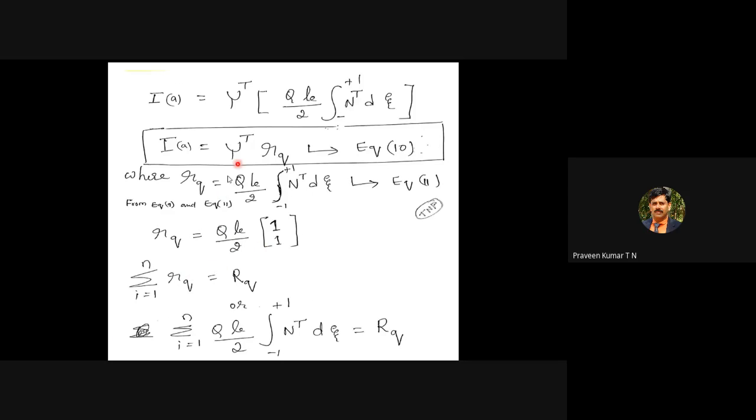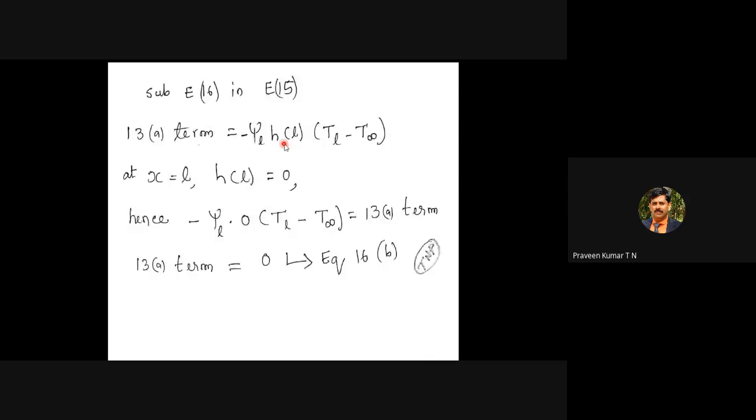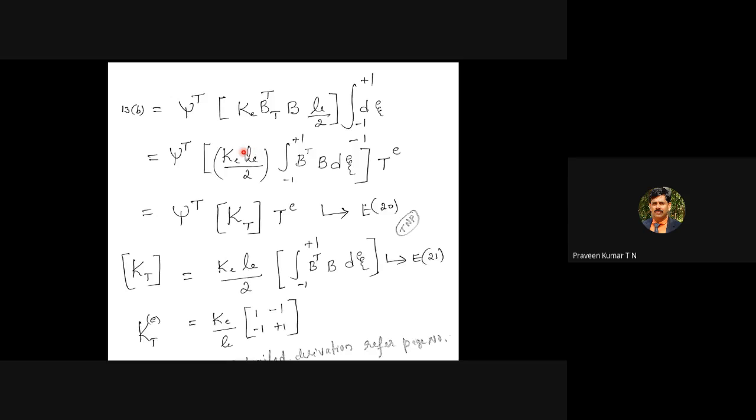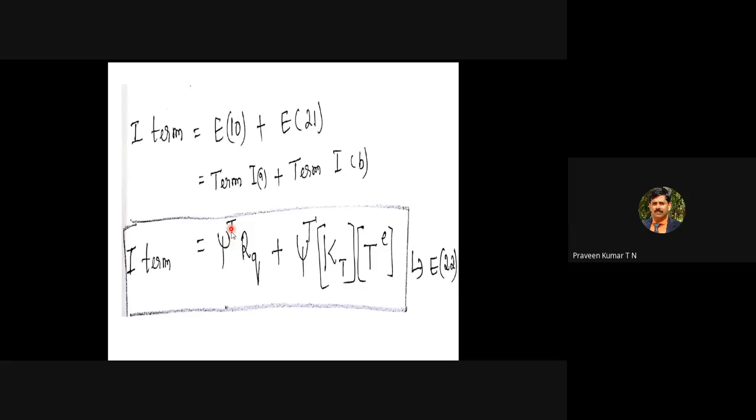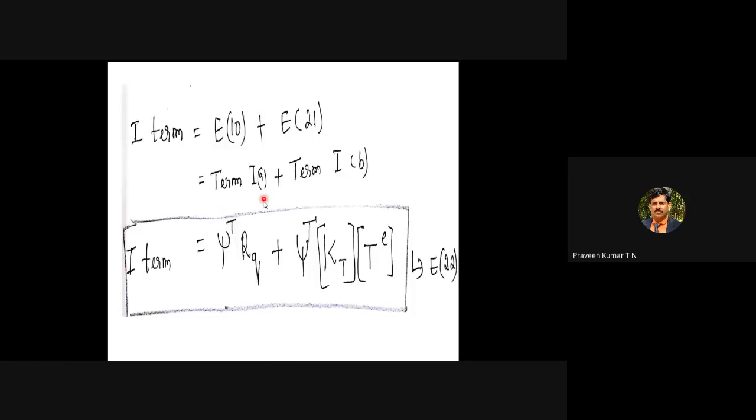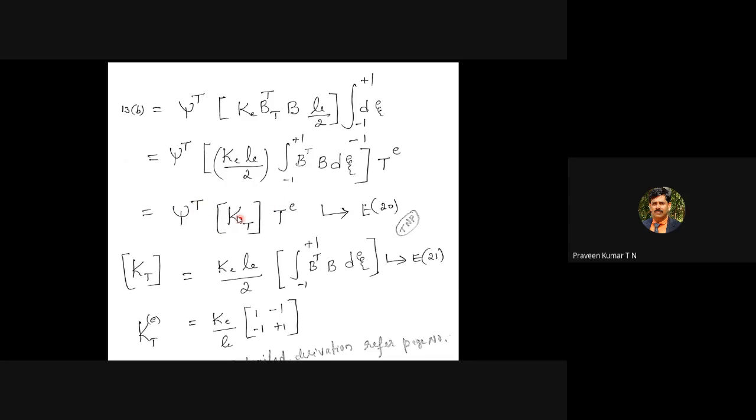This term, 1A in equation number 10, is xi transpose into R cube. Once you take the integration, xi transpose into capital R cube is one term, and after simplification and adding, you end with the first term: xi transpose R cube plus xi transpose thermal conductivity matrix into TE. That is the equation you have just derived.